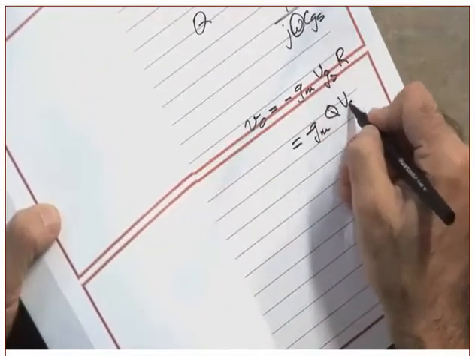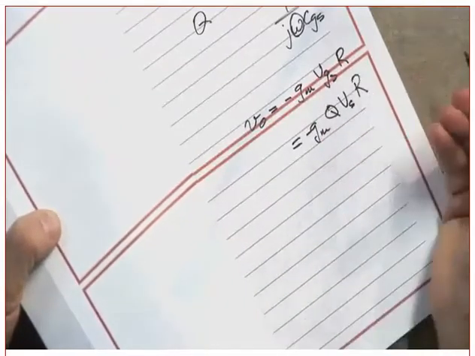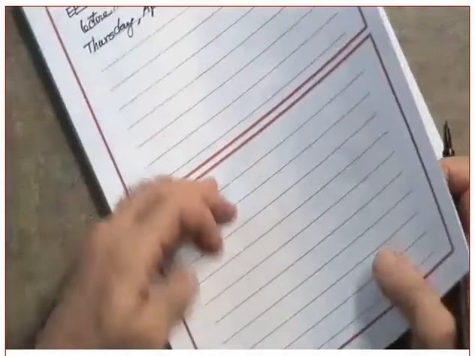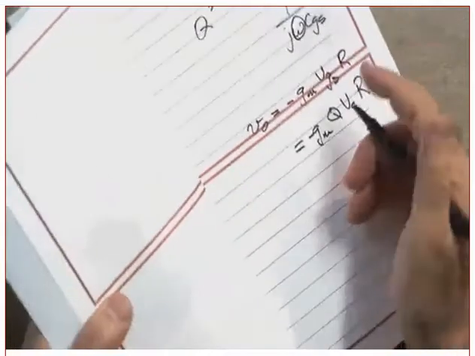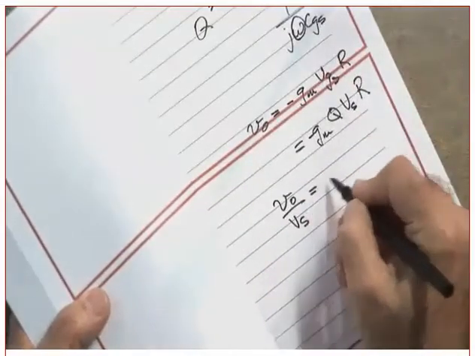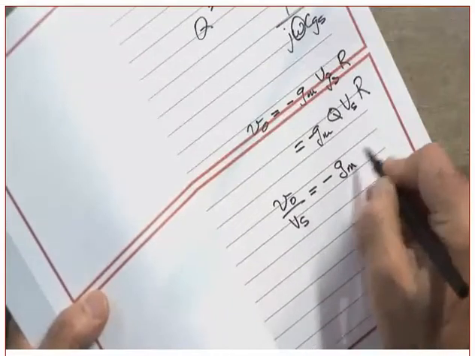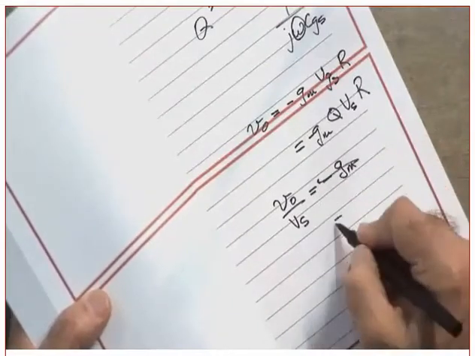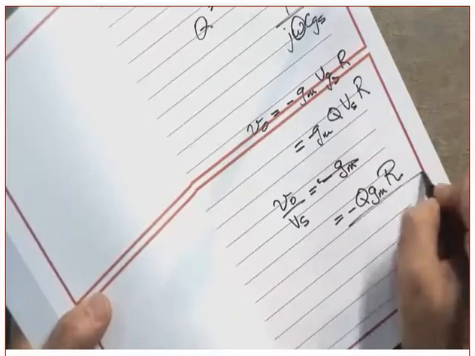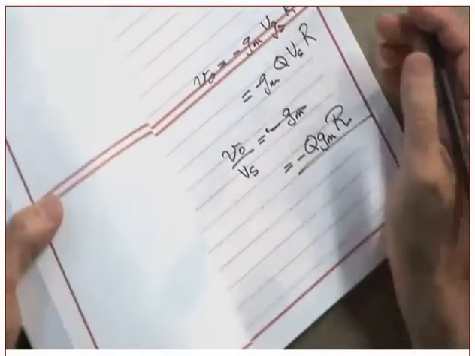Is Q times VS. Agree? So what do I have? V naught divided by VS equal to minus Q GM times R.